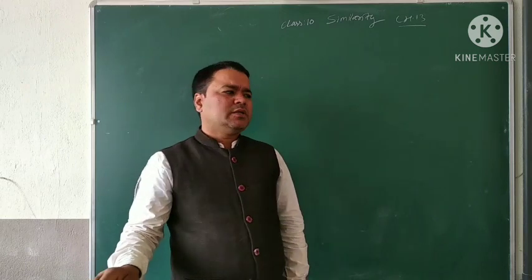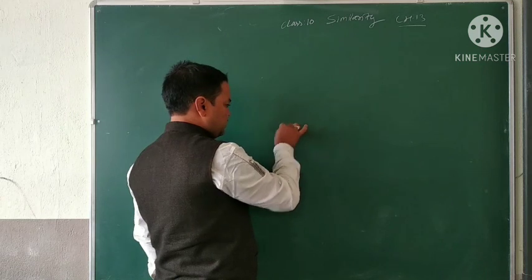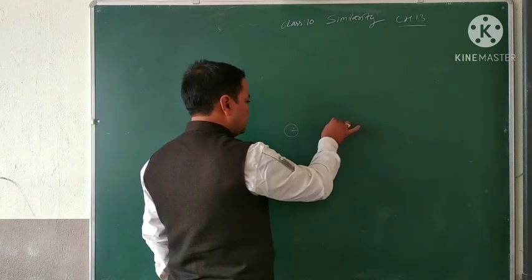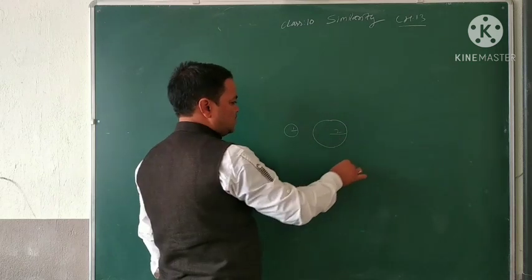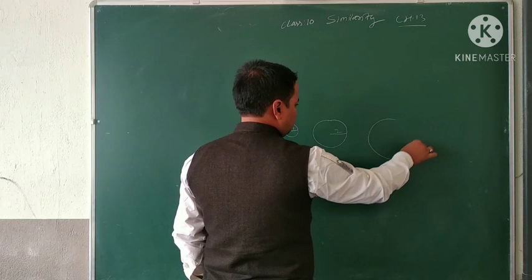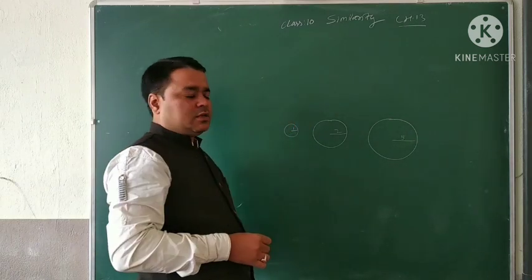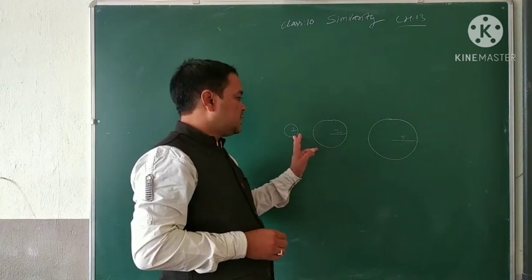Dear students, here I am drawing a circle whose radius is 1 centimeter. Here is one more circle whose radius is 2 centimeter, and one more circle whose radius is 5 centimeter. These are also circles, and they are similar.